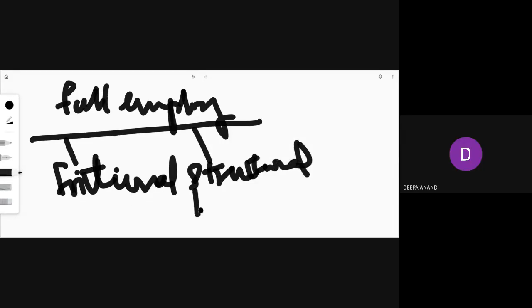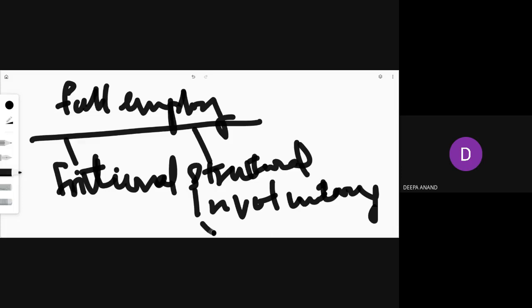Then you have seen involuntary unemployment, that means you are ready to work but you are not getting a job. Then voluntary unemployment, that means you are not ready to work at the existing wage rate. So these are the terms. Okay.